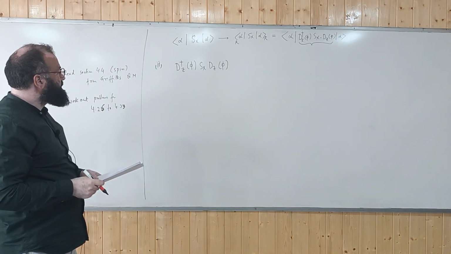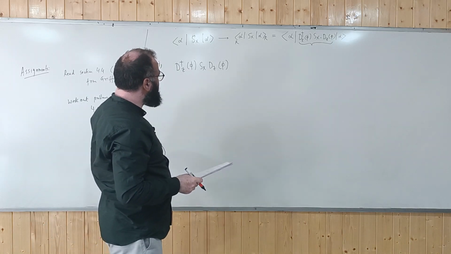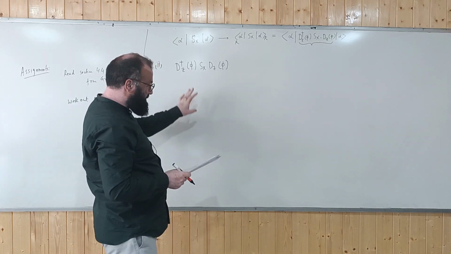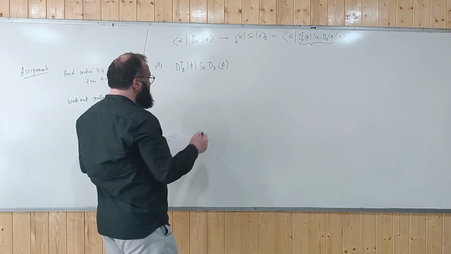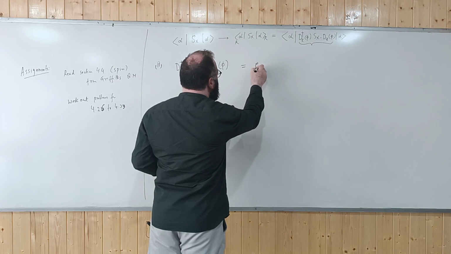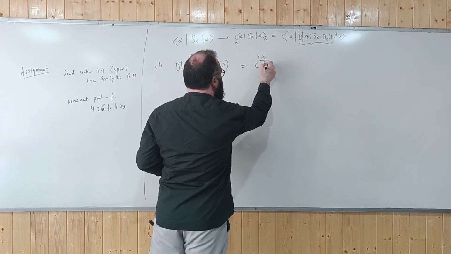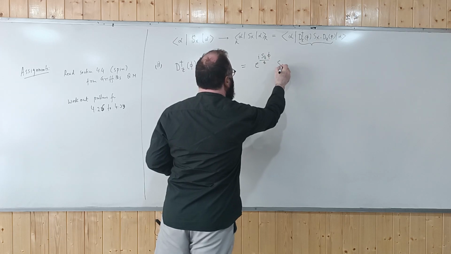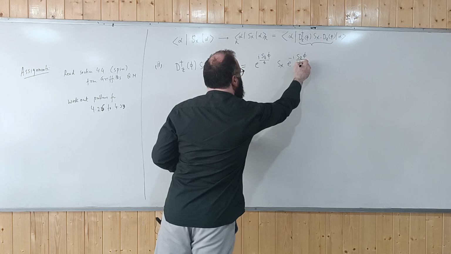So it looks like this: e raised to the power i Sz by h cross phi, then Sx, then e raised to the power minus i Sz phi by h cross.